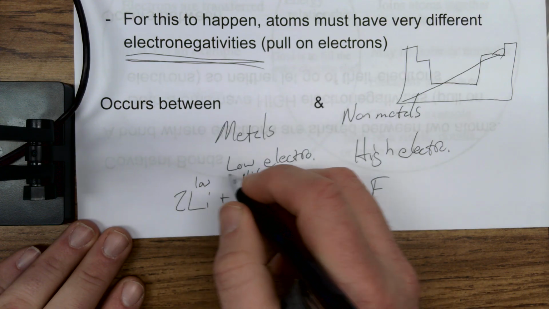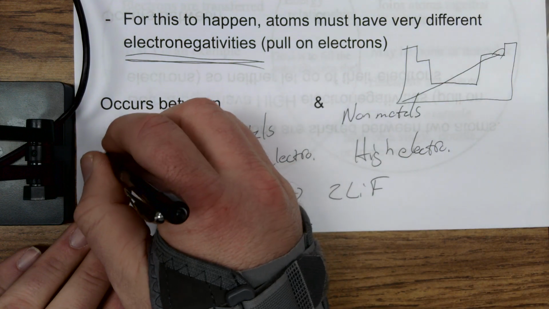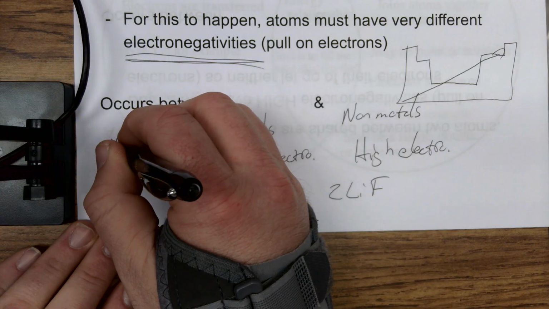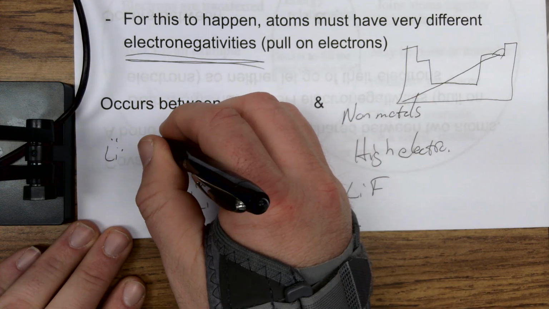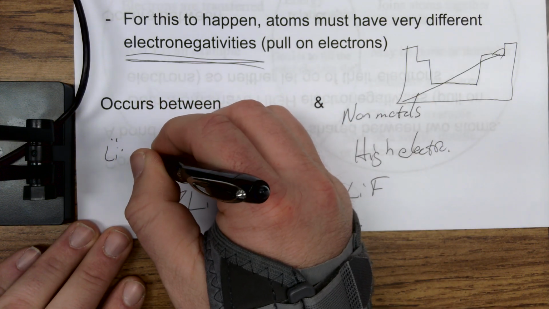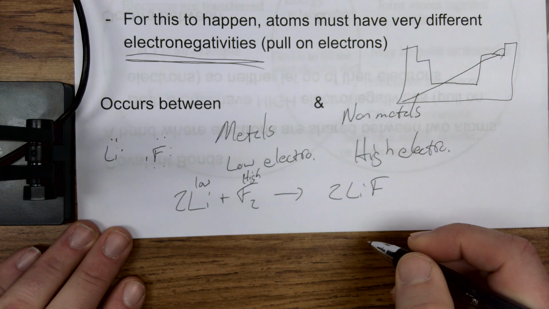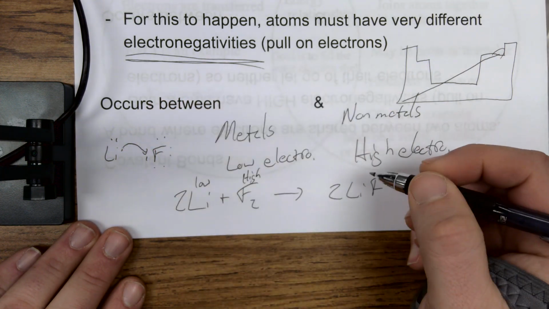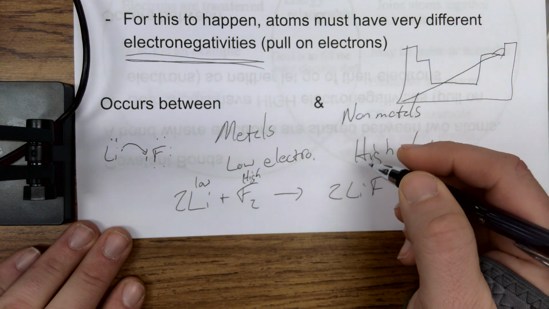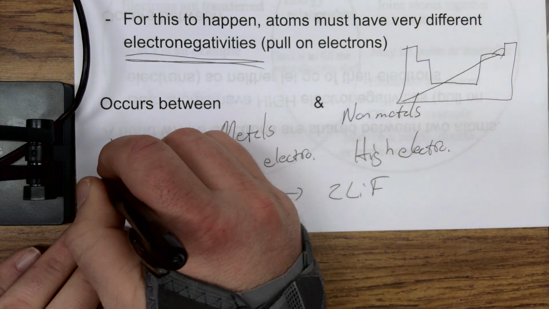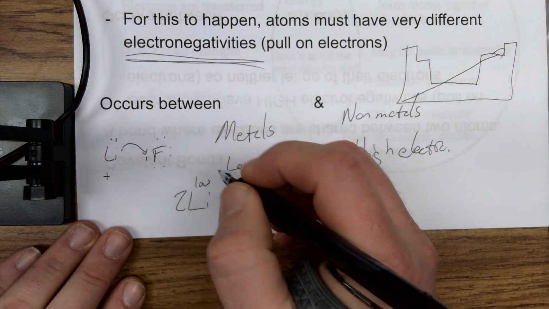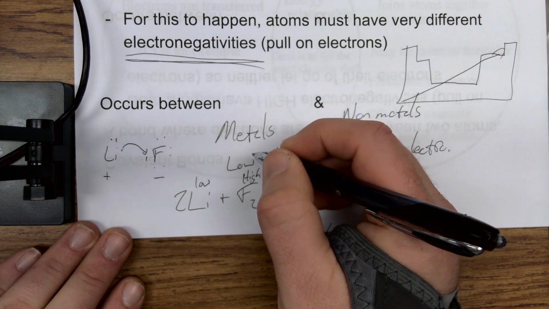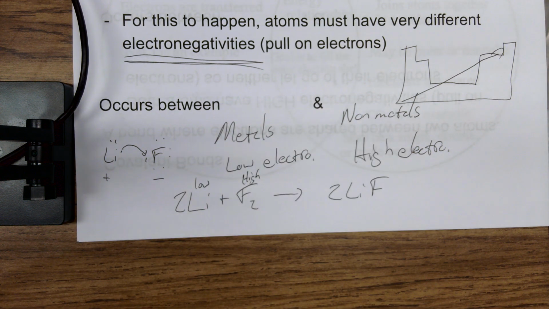Lithium has 3 electrons around it. Fluorine has 1, 2, 3, 4, 5, 6, 7. Fluorine is going to pull this electron over to fluorine, making my lithium slightly positive, making my fluorine slightly negative, creating what we are going to call ions.